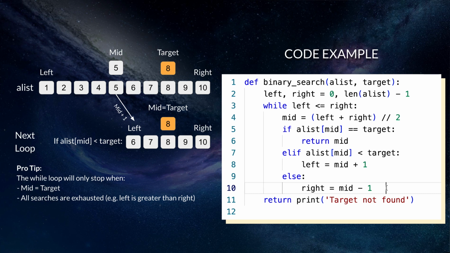If we have exited the while loop, that means our left pointer has crossed our right pointer and we couldn't find the target. In this case, it returns target not found. As you can see, with each iteration in the while loop, we are cutting our problem size in half. So that's logarithmic time complexity for you.